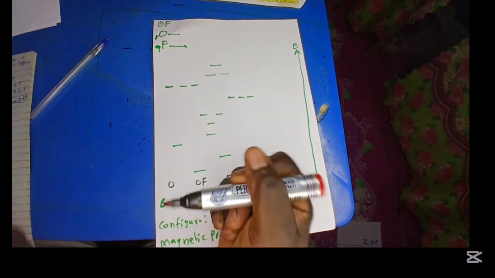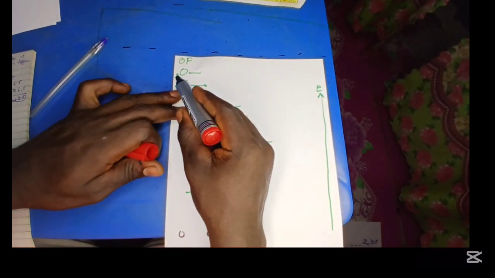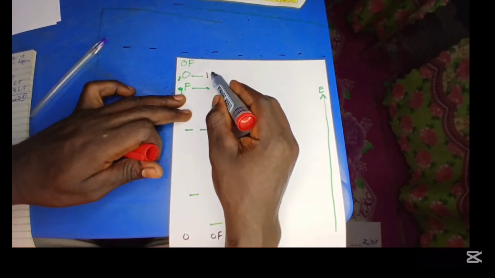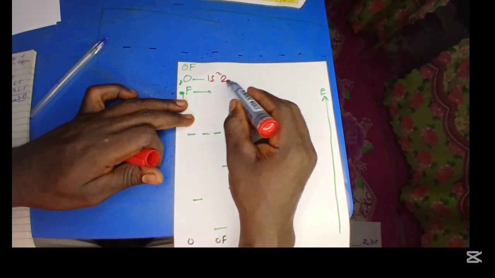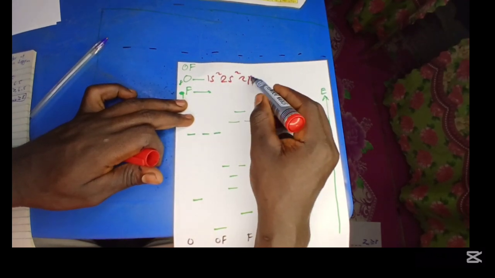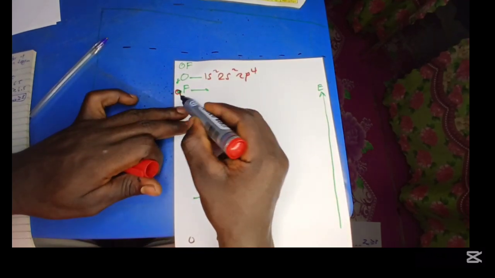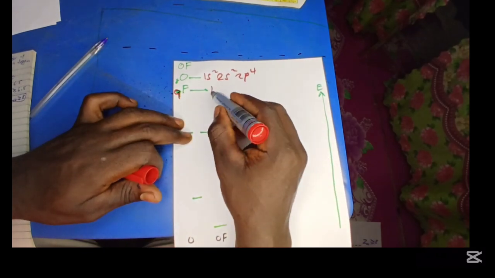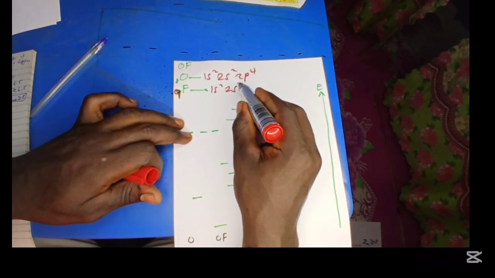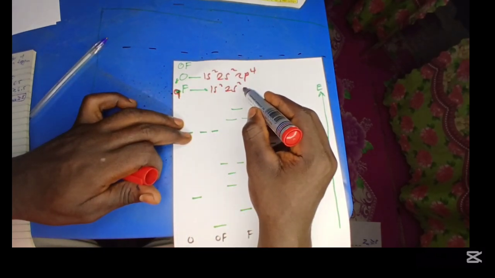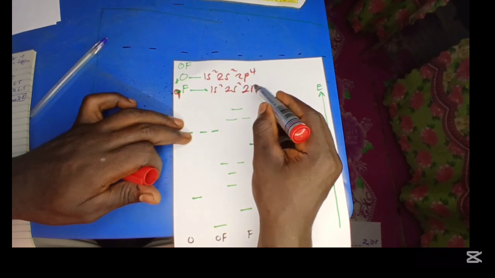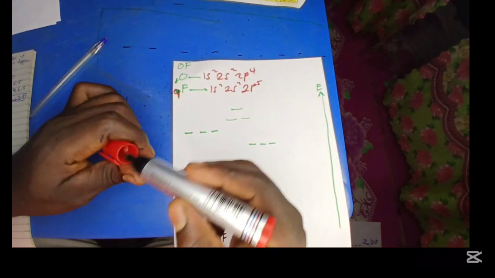So the molecular orbital diagram of OF. Oxygen has atomic number 8, so 1s2, 2s2, 2p4. Fluorine has atomic number 9, so 1s2, 2s2, 2p5.